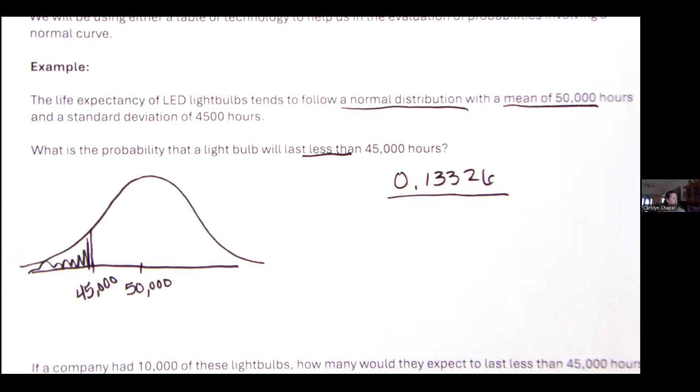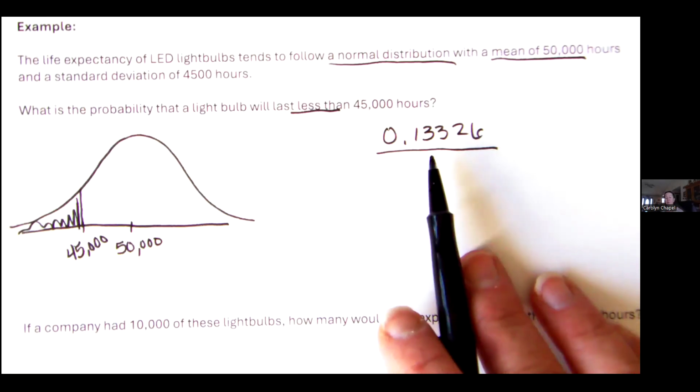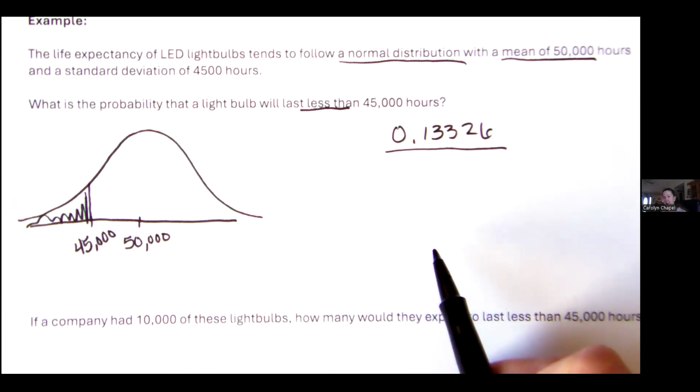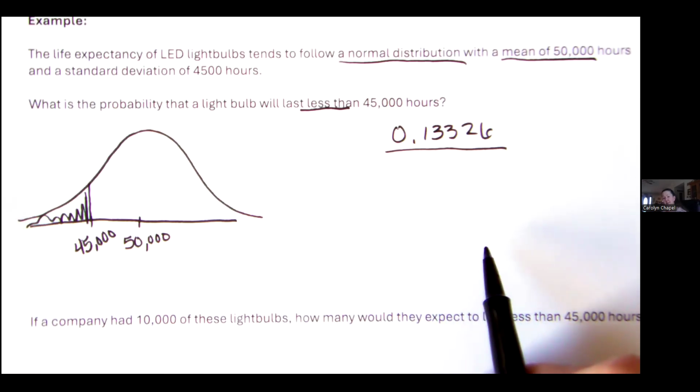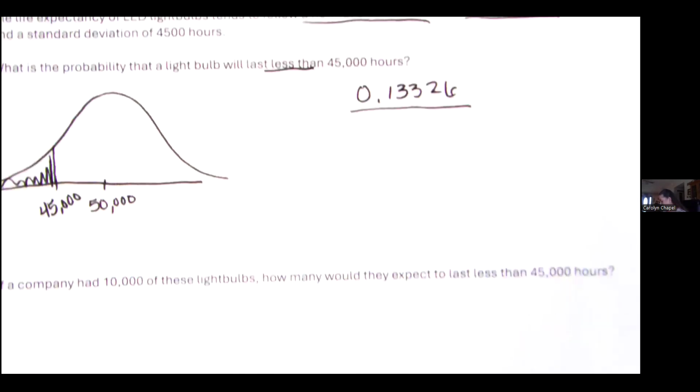If I had pulled out my old table with the 68, 95%, I think we were in the correct tail. So you can also use that to judge what your answers would be, because we had that 0.15%, that 2.35%, all those other values as well.